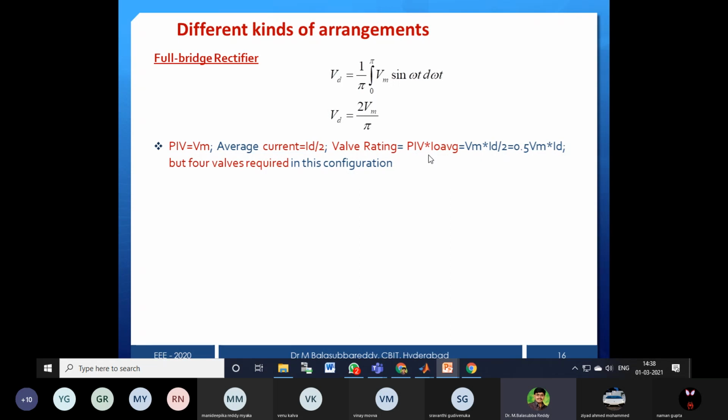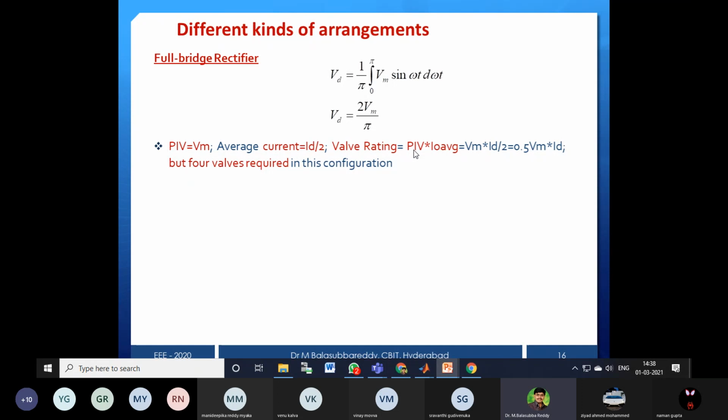But one more thing compensates this when compared to the midpoint: this valve rating may be half, but the number of devices also differs to some extent. In the midpoint converter we use only two valves, but in the bridge rectifier we require four valves.